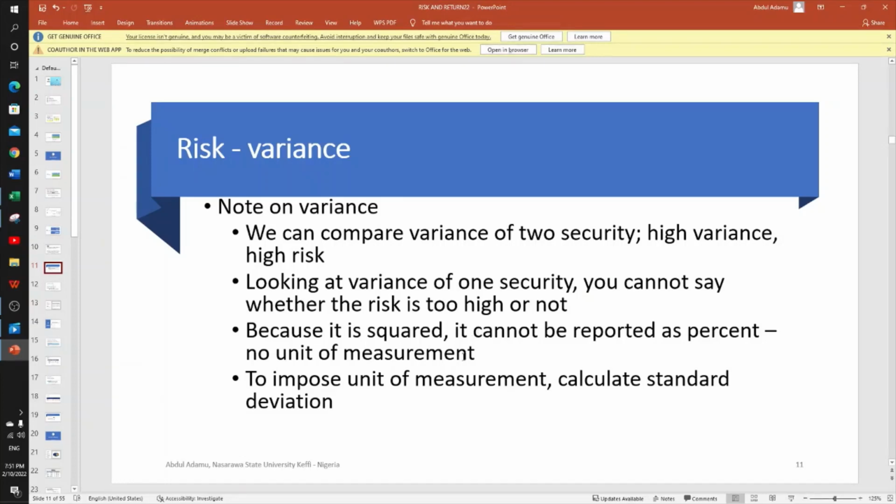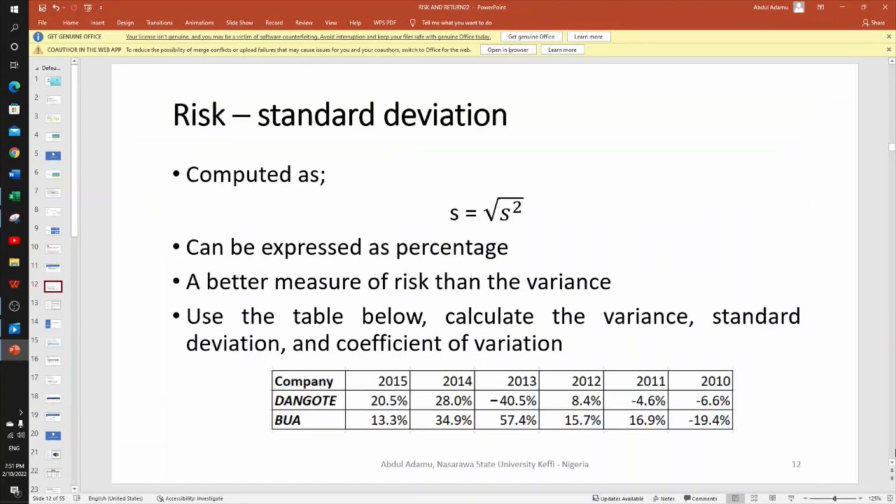You leave it like that. But if you want to impose a unit of measurement like percent, you have to find the standard deviation. For standard deviation, you just take the square root of variance.